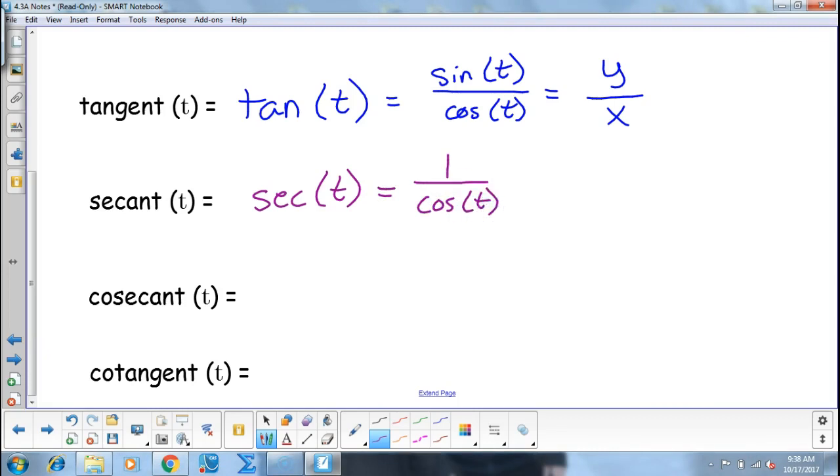It's the inverse of cosine, or the reciprocal of cosine. So that would be 1 over x. Sine needs a co, so that's cosecant.